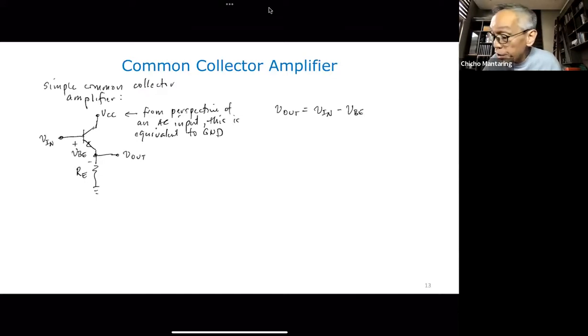Okay, now we know that I sub C, based on our exponential model of the transistor, is I sub S e to the VBE over V sub t minus 1. Again, we will neglect early effect. This is approximately equal to I sub S e to the VBE over V sub t, because under normal operating conditions, the minus 1 will be very much smaller than e to the VBE over V sub t.